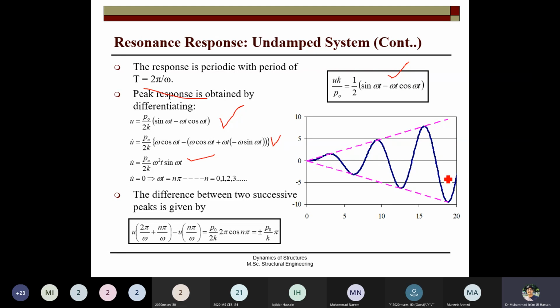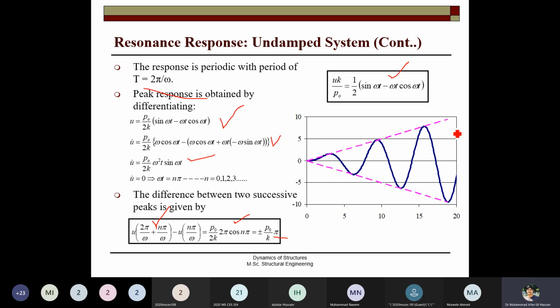This is basically the resonant response, because with every cycle it is increasing, and the difference between successive displacements is equal to P naught over 2K, 2 pi cos of n pi, or generally you can say it is P naught over K multiplied by pi. So every time the response is increasing with a multiplicative factor of pi.